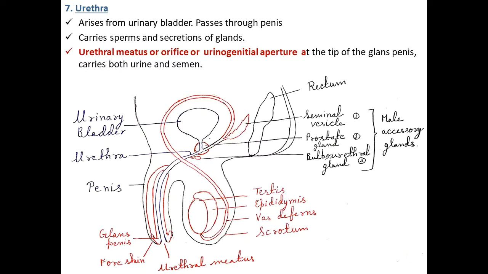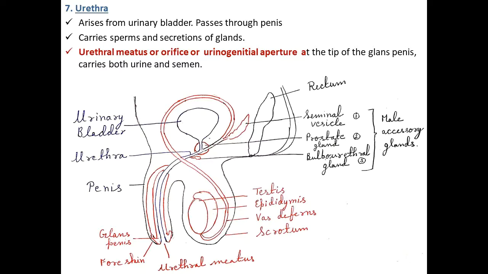Next, afterwards it also receives one more small accessory gland, the bulbourethral gland or the Cowper's gland. That is, numbering is given here as 1, 2, 3. They are male accessory glands. Clear?